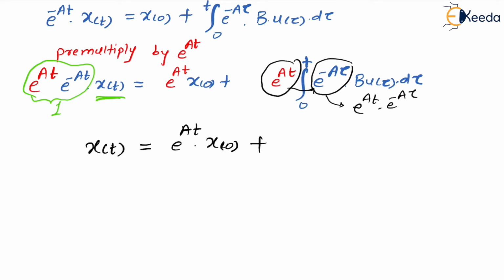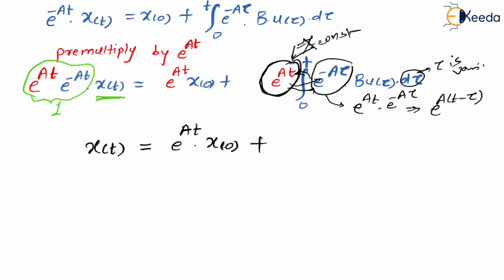If I combine them, see why it can shift inside: because this d tau indicates that tau is the variable, and in this e to the power At I do not have tau, which means it is a constant. So if a constant can come out of the integration, then yes, definitely it can move inside also. So now this becomes e to the power At into e to the power minus A tau. What is that? That is nothing but e to the power A into t minus tau.